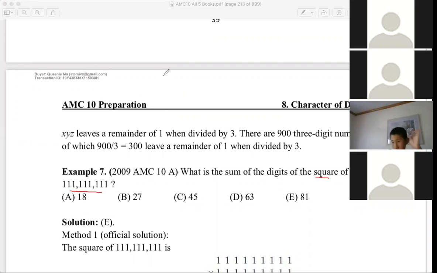So that means they ask you to calculate 111,111,111 times 111,111,111. After you multiply the numbers together, then add the digits of what you get. Okay. I'll give everybody 2 minutes. Can you do this?